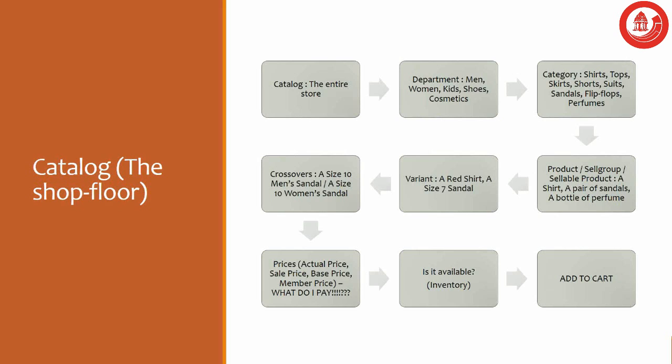If there is a variant, the system or your website will pick up exactly which variant you want, exactly which size, exactly which item, and all of that drills down to another term called SKU, the unique identifier for that one item that you are purchasing. That's what happens when you click add to cart.